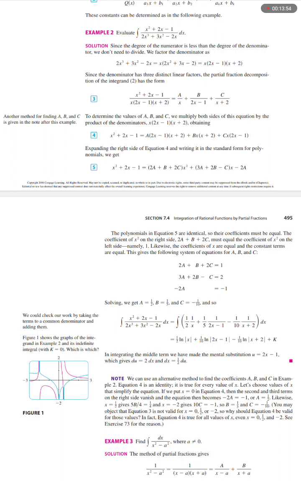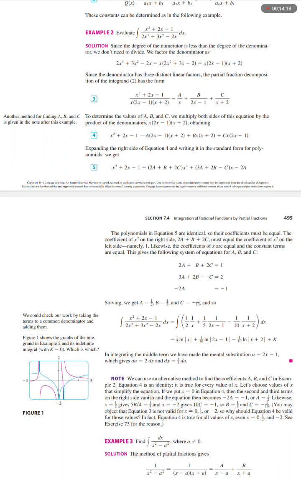Note, we can use an alternative method to find the coefficients A, B, and C in example 2. Equation 4 is an identity. It is true for every value of x. Let's choose values of x that simplify the equation.